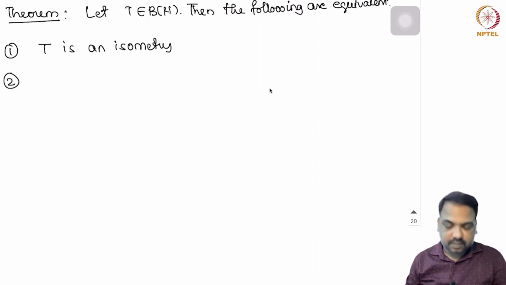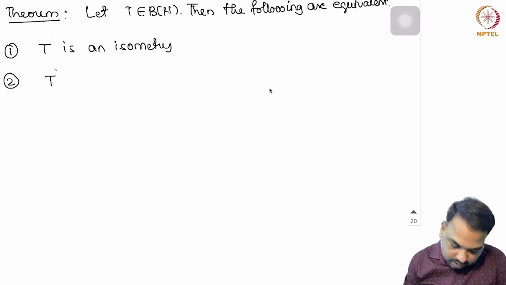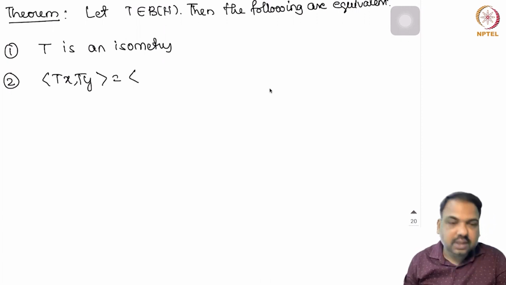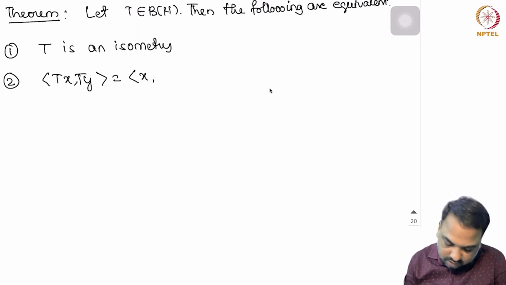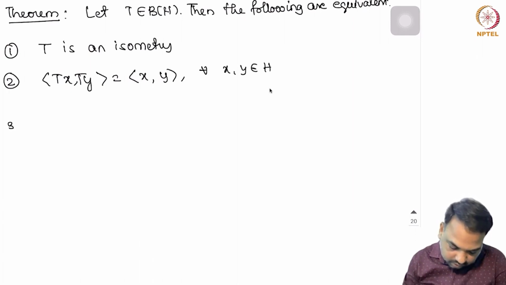Two, inner product Tx with Ty is equal to inner product x with y for every x, y in H. The third one is T star T is the identity operator.